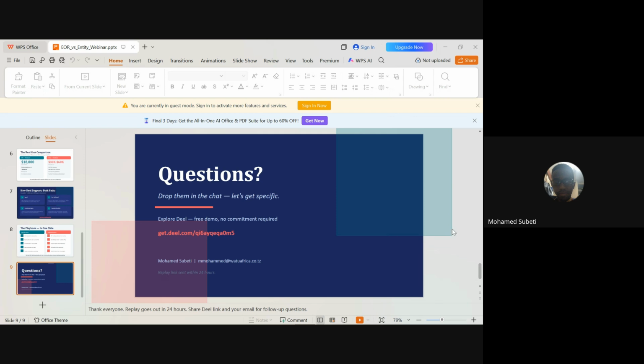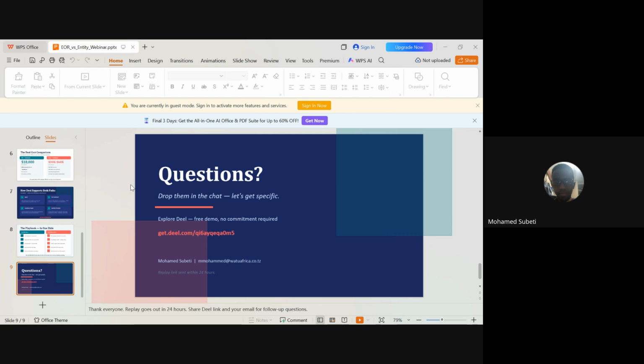What's the risk of just paying someone as a contractor instead? Thank you, Mary Viana. The risk is actually high, and it's called misclassification. If someone works exclusively for you, follows your schedule, uses your tools, and has no other clients, most countries will consider them an employee regardless of what your contract says.